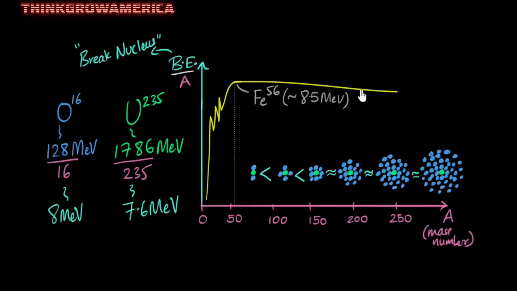If you take a very heavy nucleus, and let's say it were to split into smaller nuclei, then these products would be towards the left side. And we can see from the binding energy graph that these end up having a higher stability compared to the reactant. And therefore, such a reaction is favored.